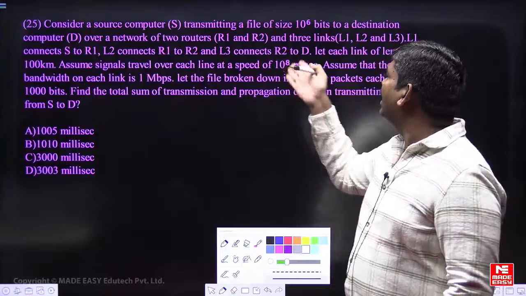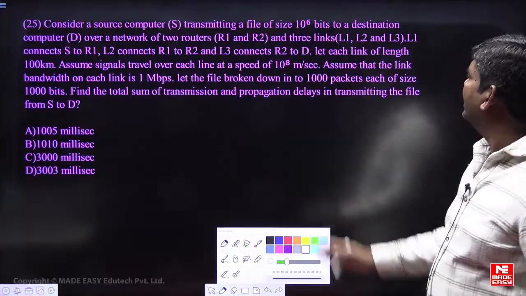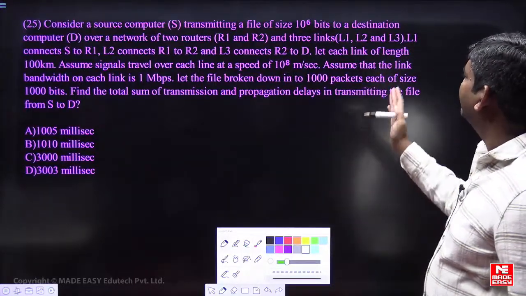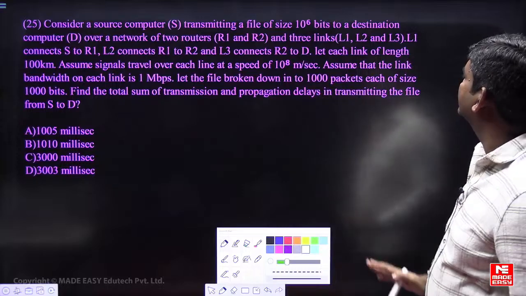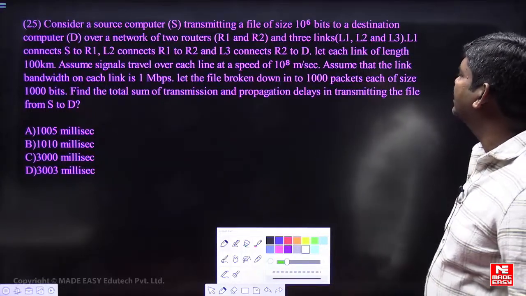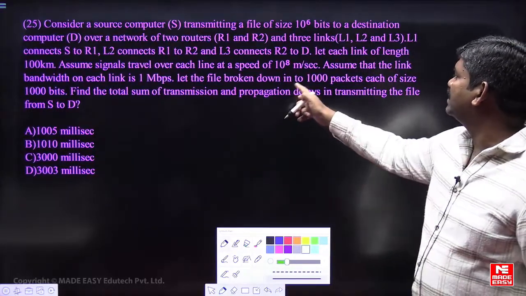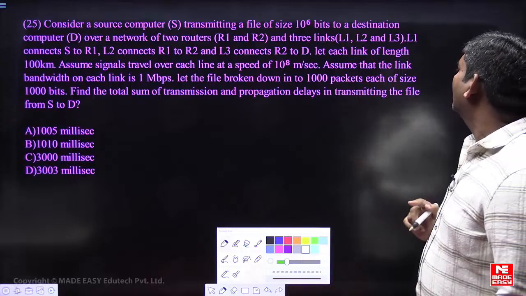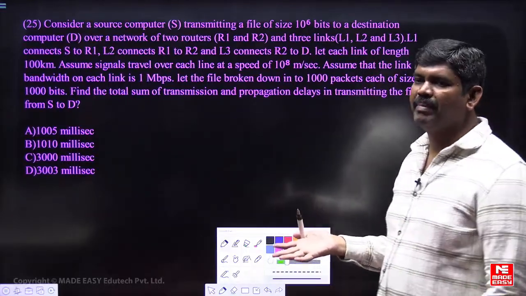In between, R1 and R2 are there. There are 3 links. They have given the length and velocity, and bandwidth is also given. Now the file is broken down into 1000 packets, which comes under packet switching.